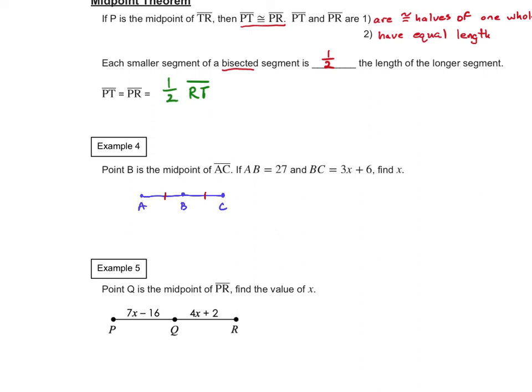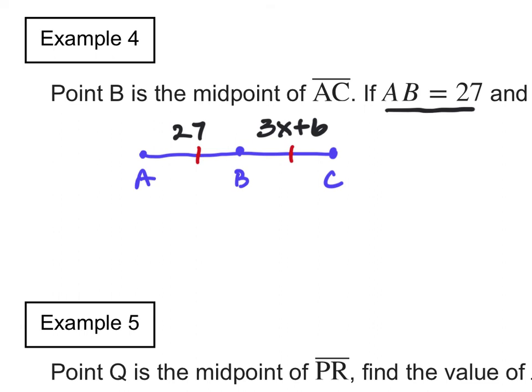So doing some substitution, it tells me that AB is 27 and BC is 3x plus 6. It says find x.